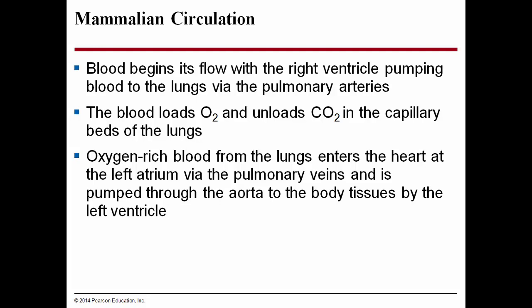The blood loads O2 and unloads CO2 in the capillary beds of the lungs. These are also known as the alveoli. Oxygen-rich blood from the lungs enters the heart at the left atrium via the pulmonary veins and is pumped from the left ventricle through the aorta to the body tissues.